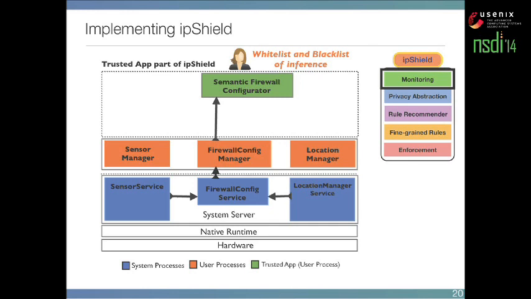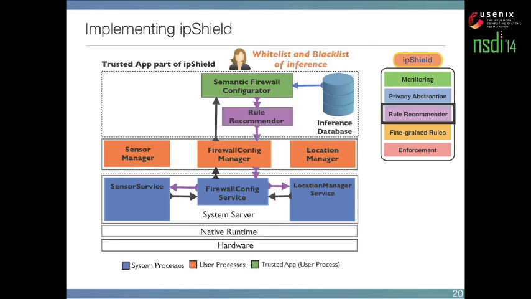Now, I should note here that ipShield operates in two distinct modes. One is the semantic firewall configurator mode. In this mode, the user observes the different inferences which could be made by a particular application and configures the whitelist and the blacklist respectively. For privacy abstraction, we implemented the Inference Database, which takes these different sensors which are being accessed by an application and provides a list of possible inferences that could be made using those sensors.